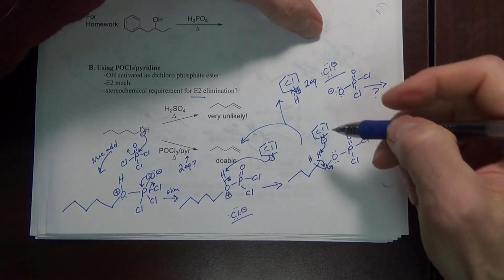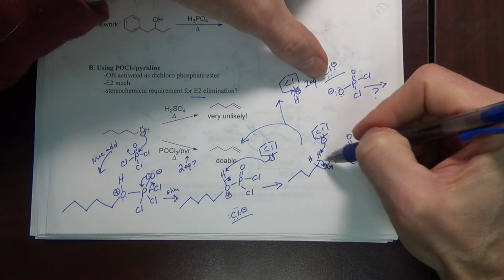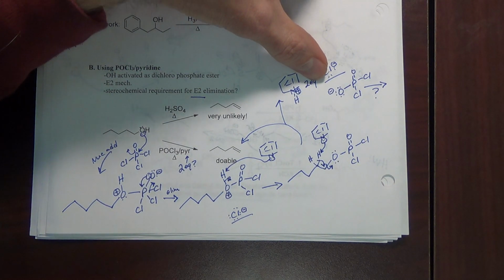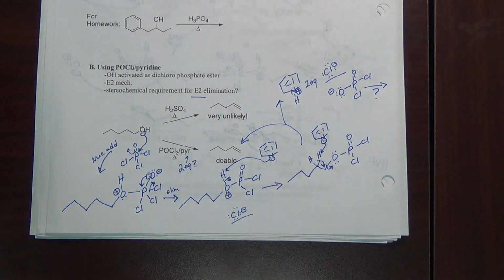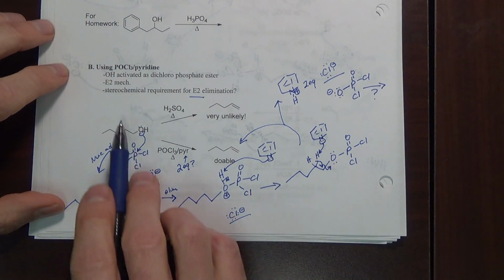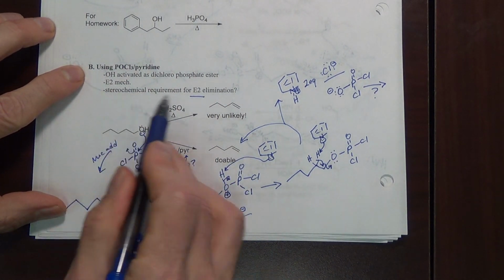Ultimately, pyridine must be strong enough to do an E2 because it's happening here. And a lot of the evidence suggests it's E2. Again, there's an activation of the OH group in some manner, classical E2. Do you remember your stereochemical requirement for an E2?